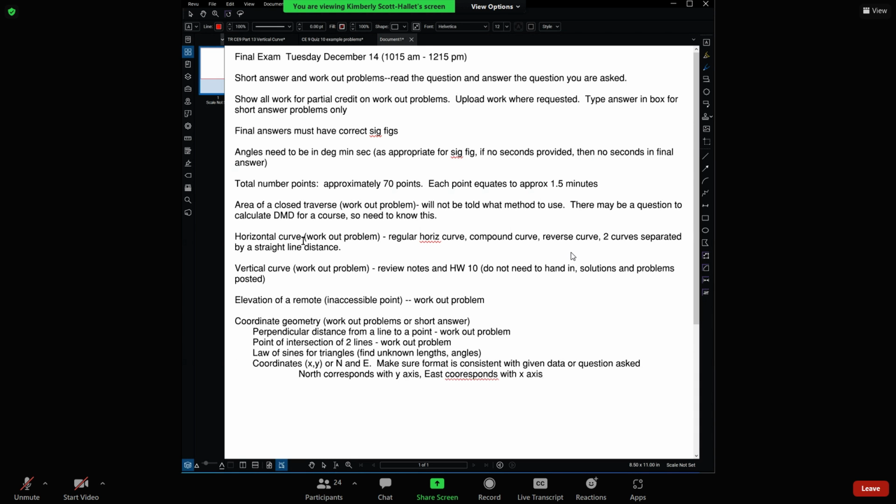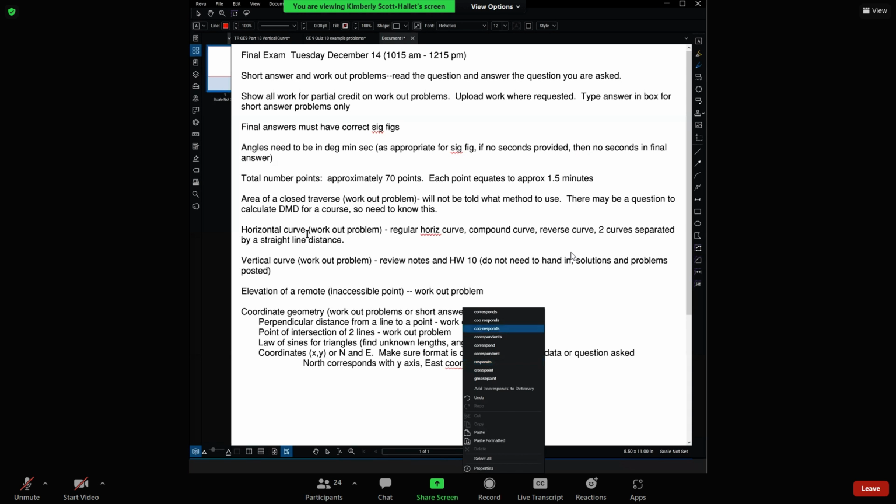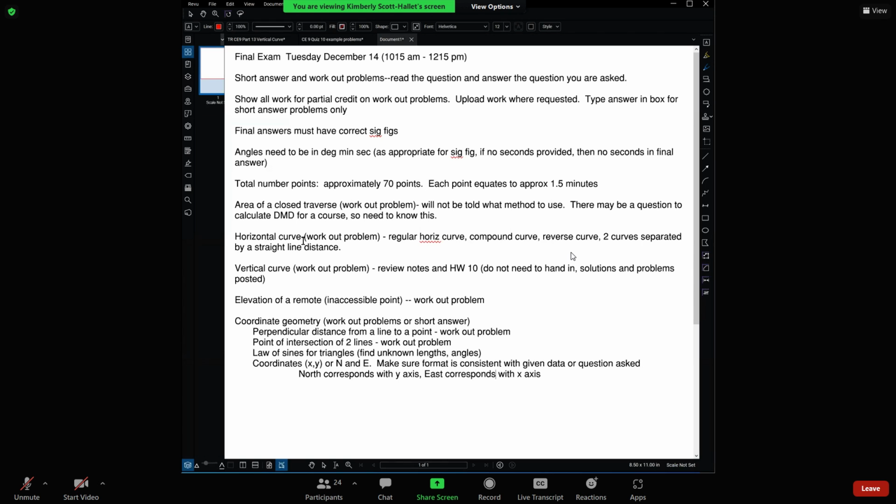Again, on the last exam, on some quizzes, even on labs I graded, I saw people switching up north and east, X and Y. North corresponds with your Y axis and east corresponds with your X axis.